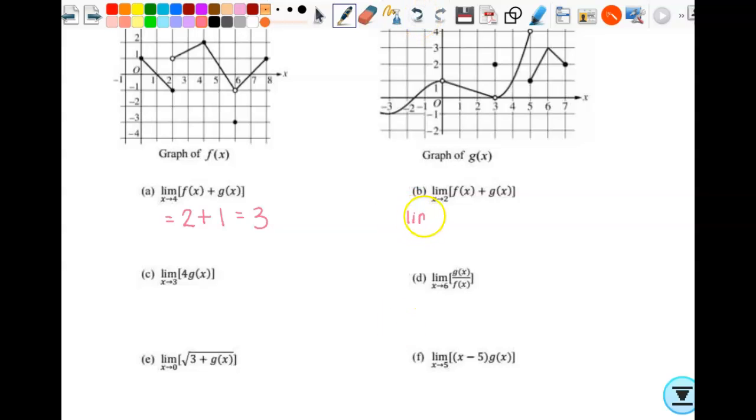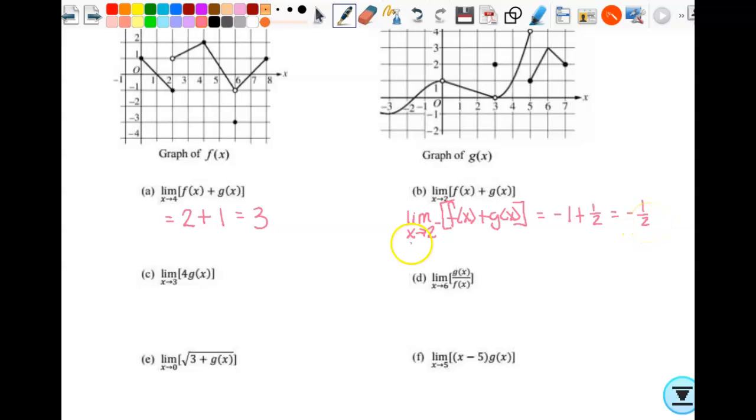So now we have to look at the limit as x approaches 2 from the left of f of x plus g of x. If I go 2 from the left, my limit is -1 for f of x. And we'll just say 1/2, because all we really care about is whether or not it exists right now. So that's -1/2.